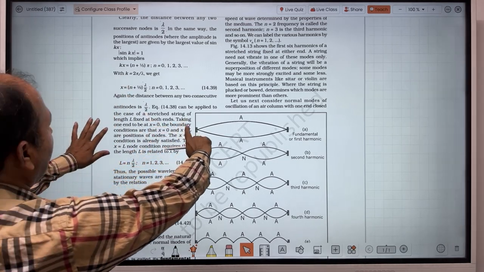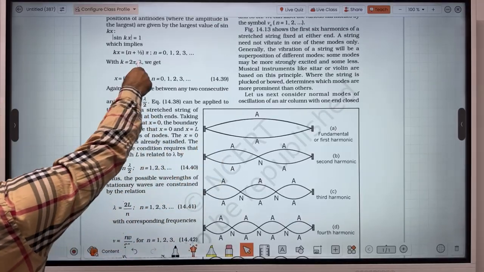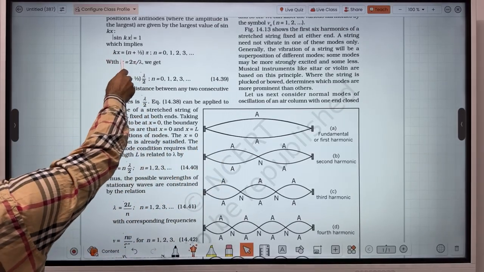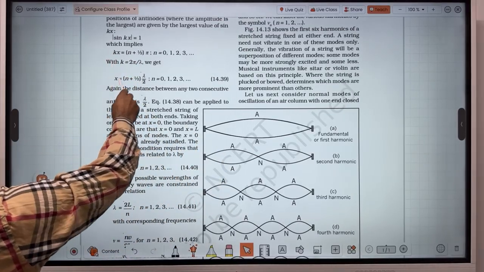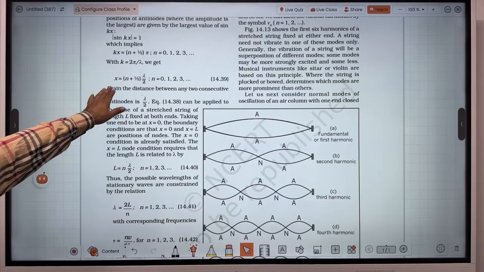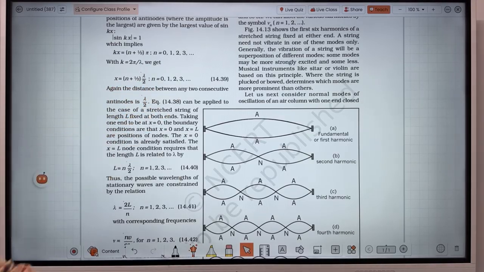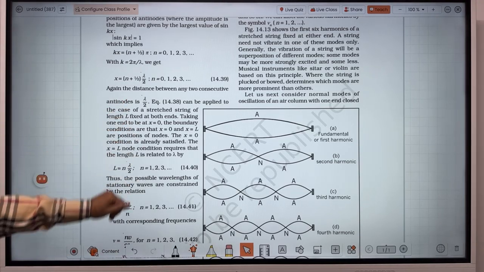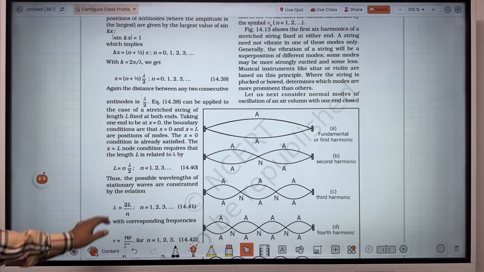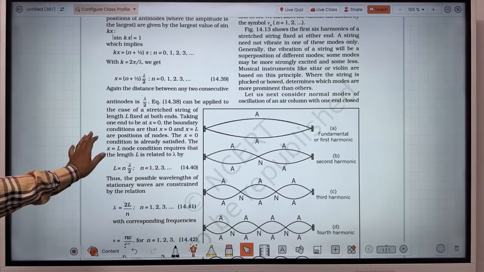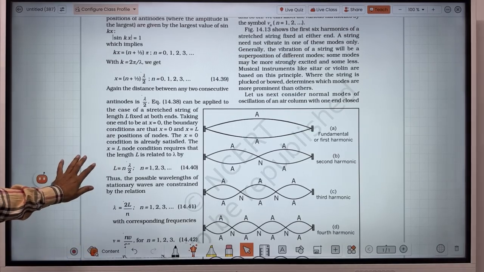And as we know, k equal to 2 pi by lambda. So we write this value here, 2 pi by lambda, and then we can simplify. On simplification, we get x equal to (n plus half) lambda by 2, where n can have any value like 0, 1, 2, 3, etc. But they must be positive, right? So here again we get the position of antinodes.